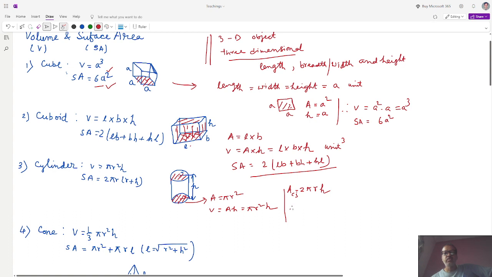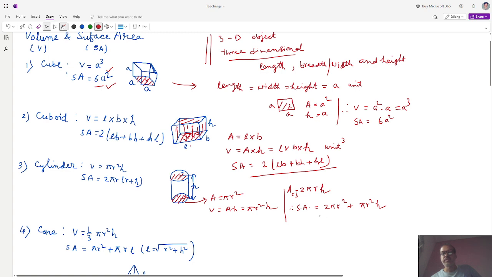Therefore, the total surface area of a cylinder equals 2 pi r square, that is for two circular surfaces, plus the curved surface.